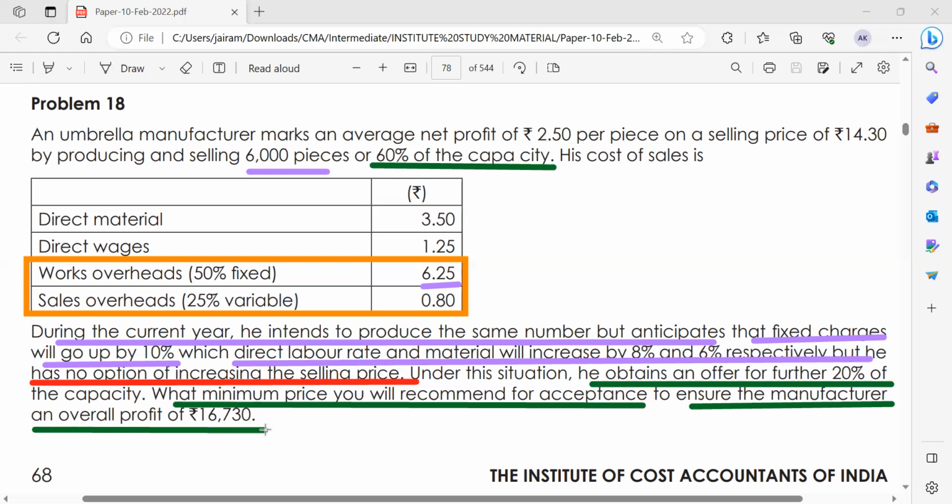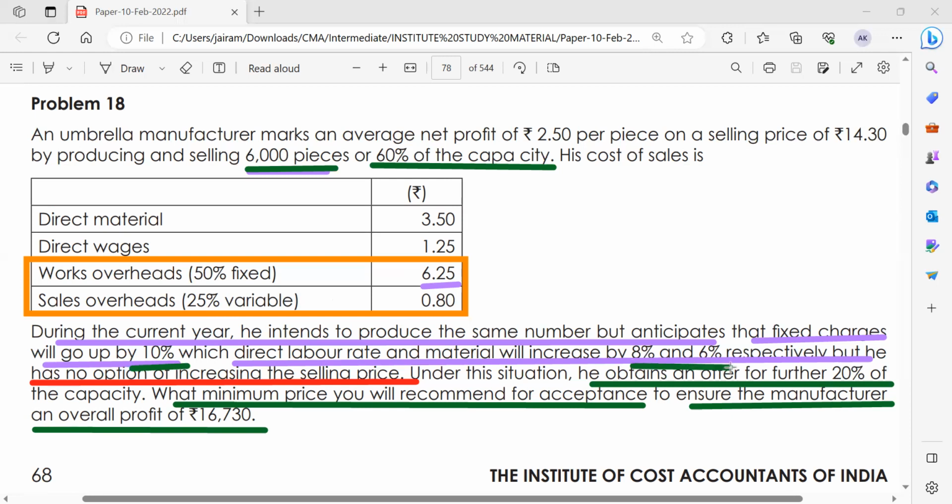The approach will be, first see what the current profit is. We'll just take 6,000 pieces. One marginal cost statement you can formulate for these 6,000 pieces without the increase. Another marginal cost statement will be with this increase, the 10%, 8% and 6%.